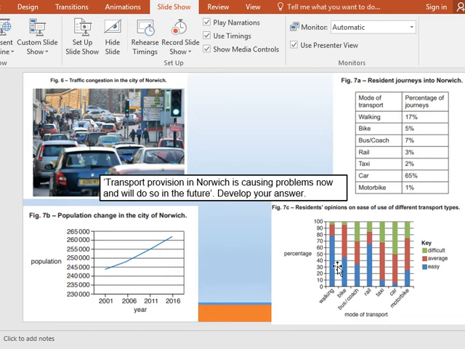This suggests that it could be easier in the future for these sustainable modes of transport, if we consider bus, coach, bike, walking and rail to be our sustainable modes. These are the 4 out of 7 that are the most sustainable and the easiest to use according to the residents surveyed in both of these questions. So again, that could suggest that things are going to improve in the future.